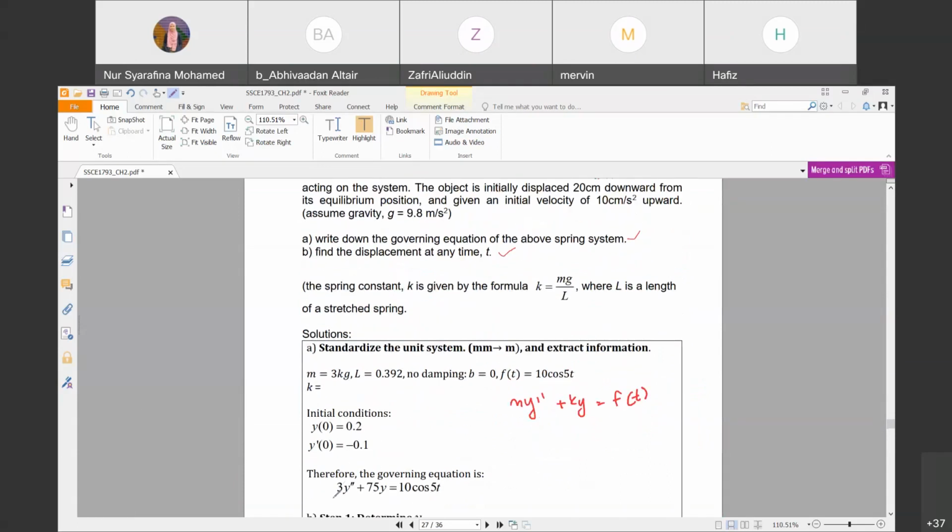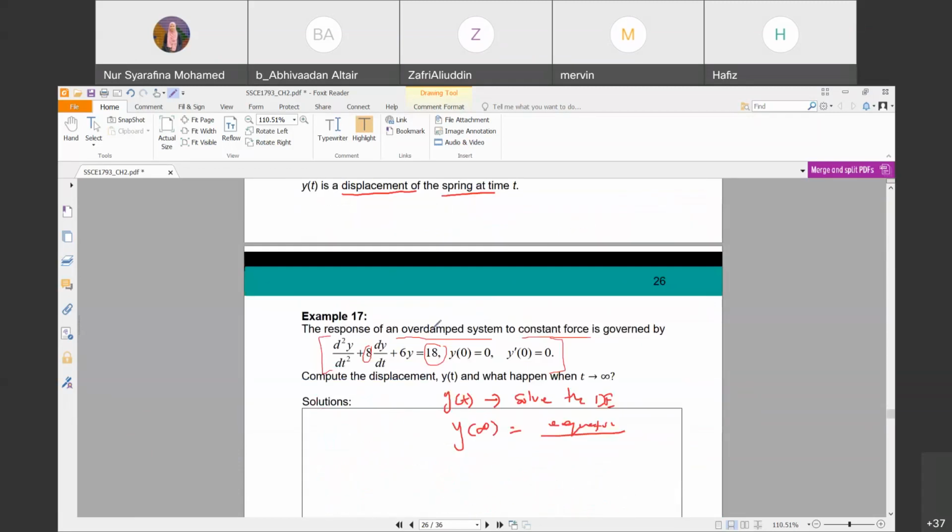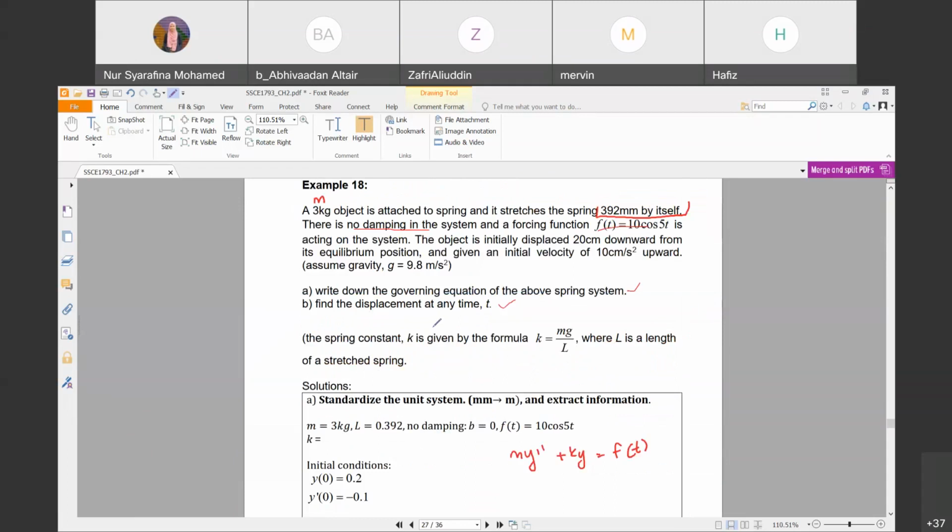What is k? k is the spring constant. How can we find the spring constant? It is given by k equals mg over L, where m is mass, g is gravity, and L is the length of the stretched spring, which is 392 mm.